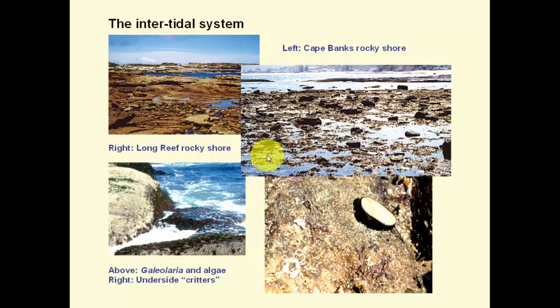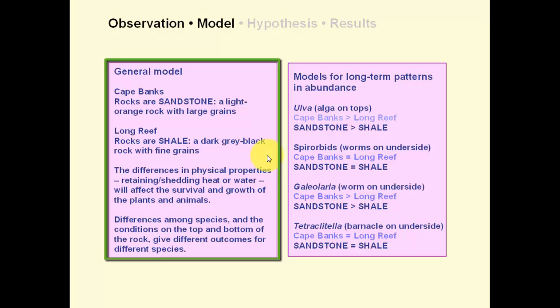These are both sedimentary rocks, but they're quite different kinds of rocks. So let's move back here. The sandstone has large grains, the shale has very fine grains. And as I've written, there might be differences between the physical properties of these rocks that affect the survival and growth of the plants and animals.